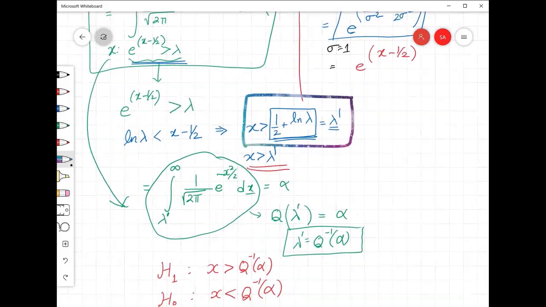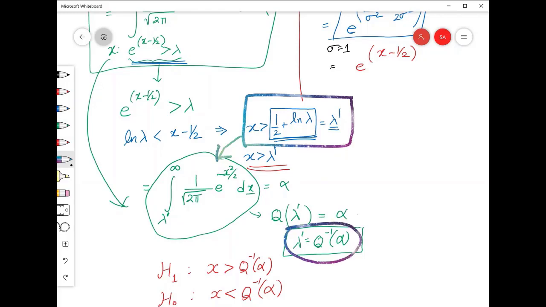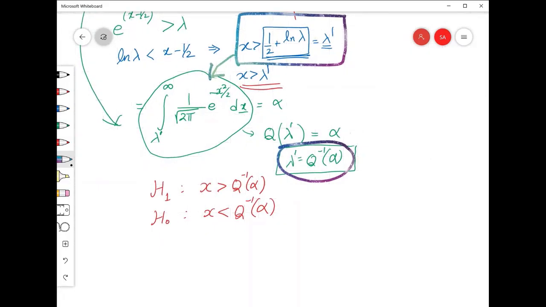Okay. Now after taking this into account in the probability of false alarm equation, I solved this equation and figured out what should be lambda dash, and then depending on this lambda dash, I have drawn my statistic.